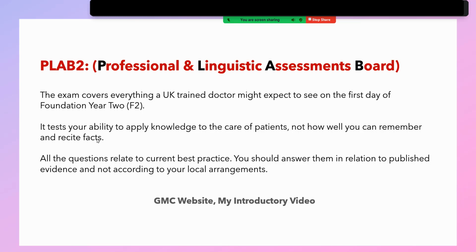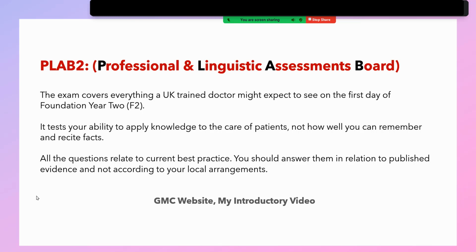This exam is totally different from any exam that you had before. The exams that you had before were testing your knowledge and your ability to recite facts.